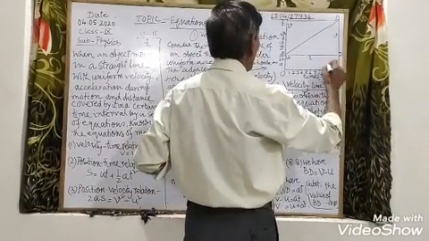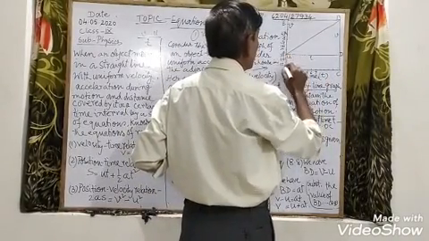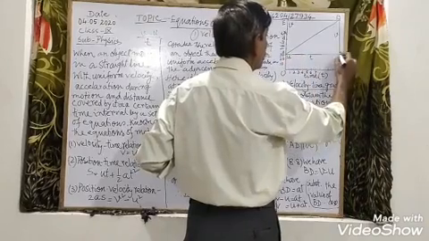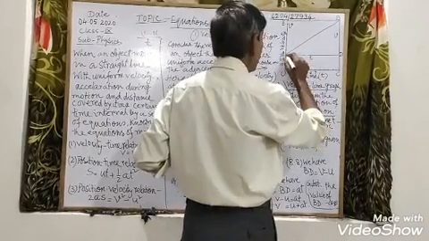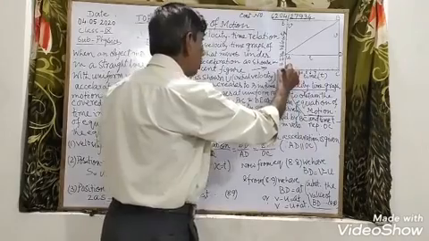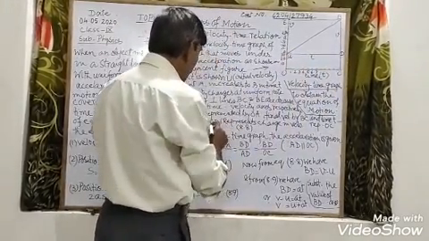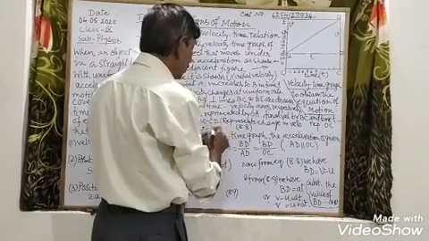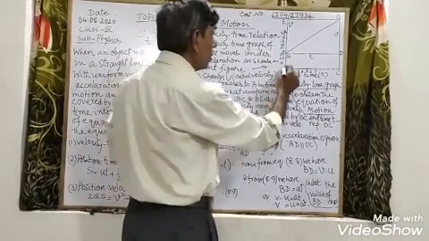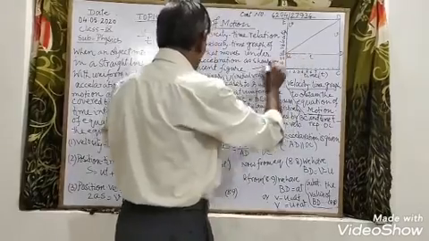Since CD and AO are parallel, BC is equal to AO. So in place of BC we will write V, and in place of CD we shall write u, because OA is the initial velocity.